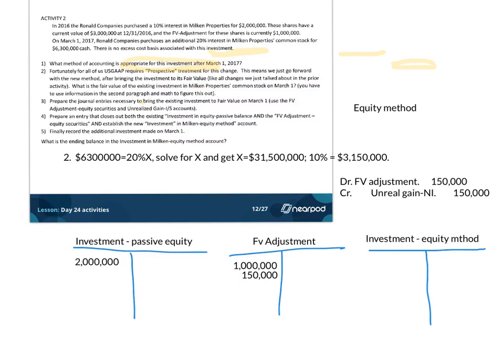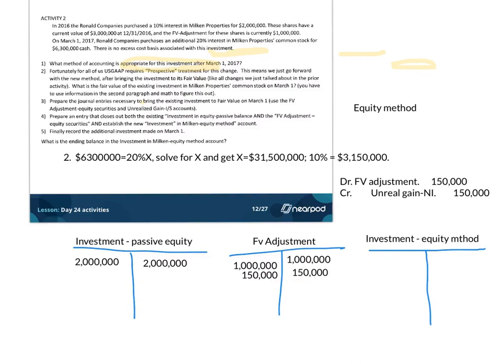So I am going to need to credit this account by 2 million, right, to get rid of that. I'm going to need to credit the fair value adjustment account by the whole balance.